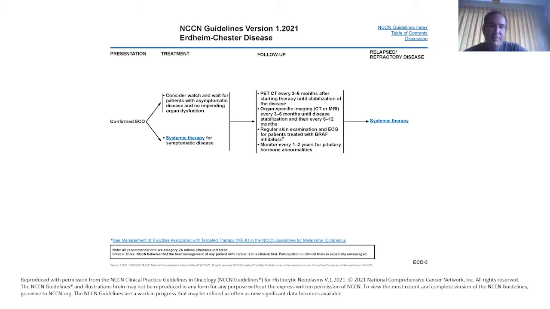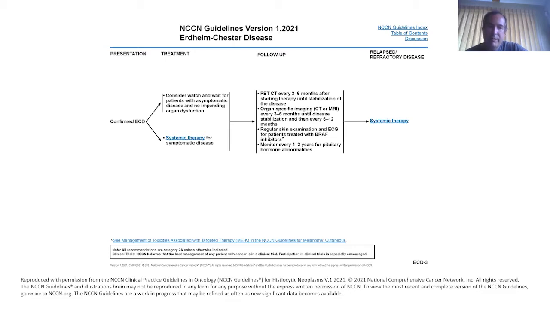But essentially, particularly for patients on treatment, PET-CT is repeated every 3 to 6 months from the initiation of treatment until the disease has stabilized. And then I tend to perform PET-CT scans much less frequently at that juncture. Depending on areas that are affected, sometimes we do need specific organ imaging, such as MRI for central nervous system involvement.